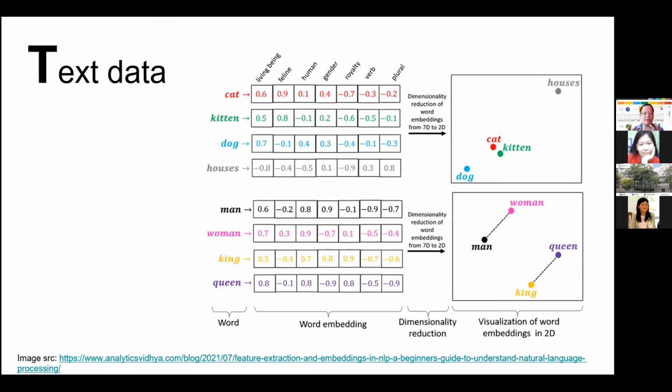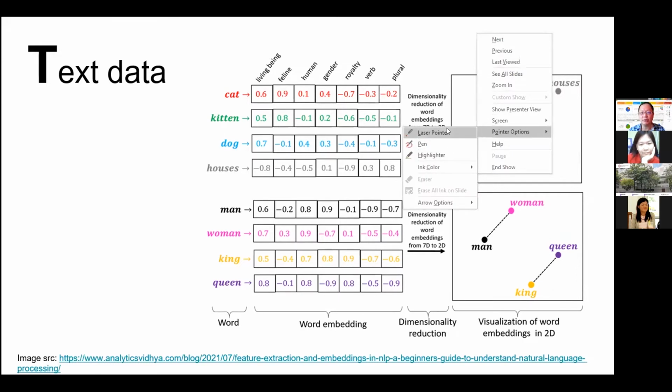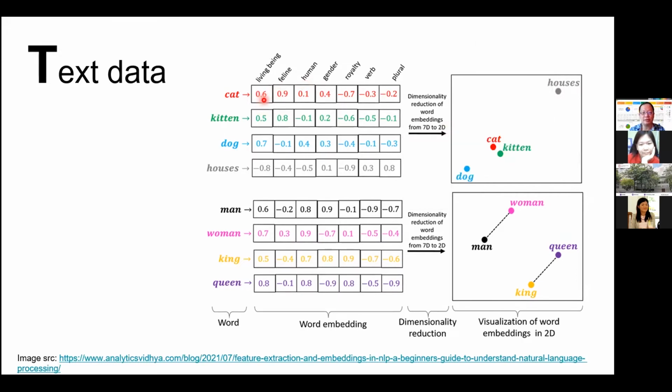And again, another example, text data. We try to transform a word into a vector, into numbers. Let's say we transform cat into this vector: 0.6, 0.9, 0.1, where each number represents something. In this case, the first number represents living being. If it represents a living being, then this number should be very high, like in this case, 0.6.